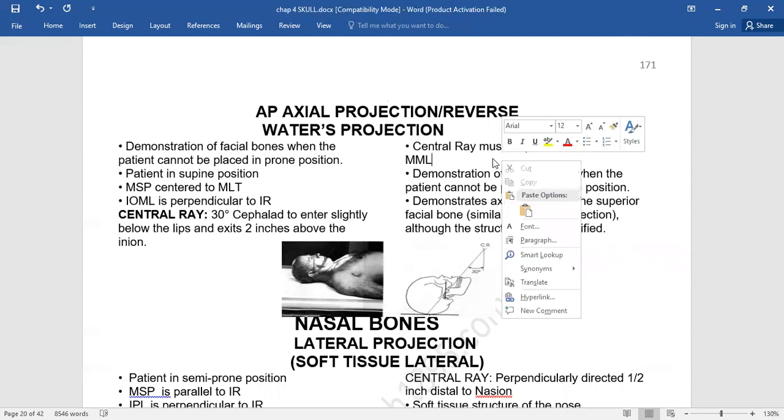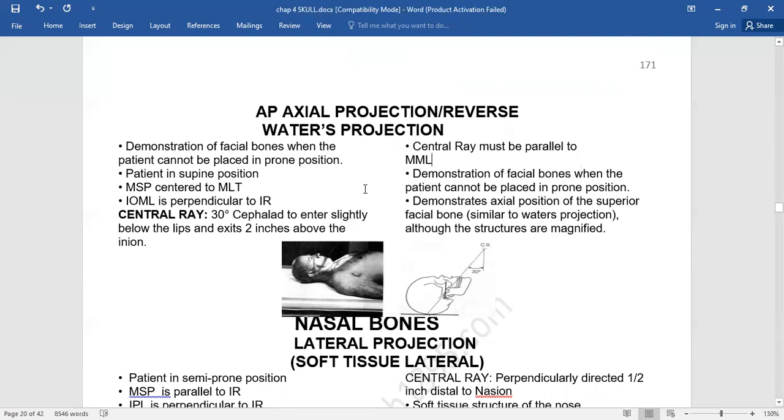Kasi di ba yung Waters natin, yung patient nakaharap sa IR. So dito naman yung ating patient, kung hindi niya kaya mag-prone, ginagawa natin yung reverse Waters projection. Patient in supine position, MSP is centered to midline of the table and the IOML is perpendicular to the IR.